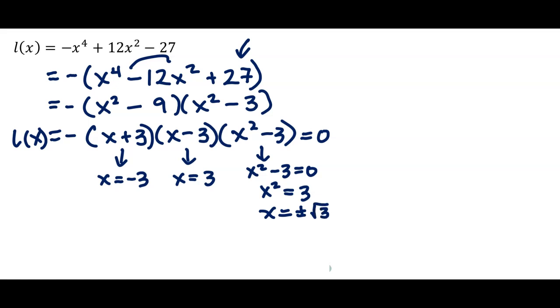So if you want to get fancy, you could actually go back up here and say, well, every x-intercept is tied to a factor, so I would have to have an x plus the square root of 3 and an x minus the square root of 3 as factors. It is totally fine if you don't want to go there, but you will have to think about this a little bit.